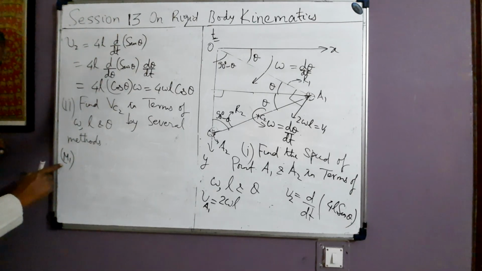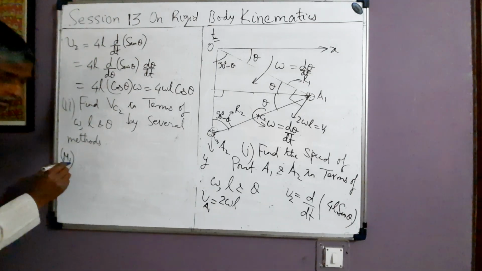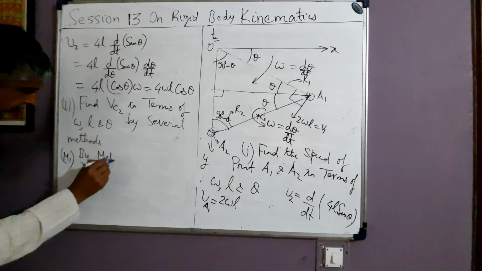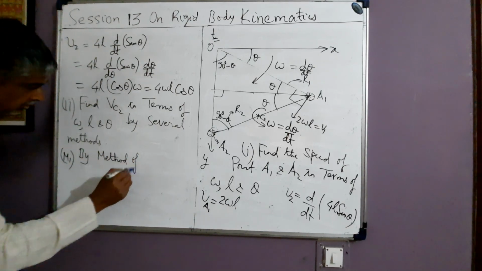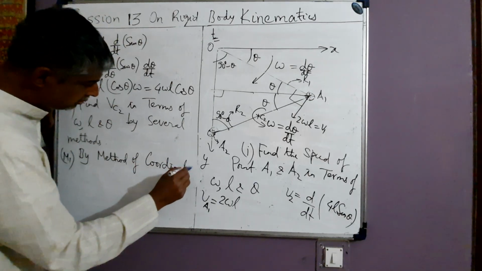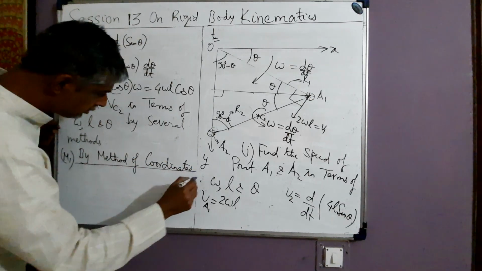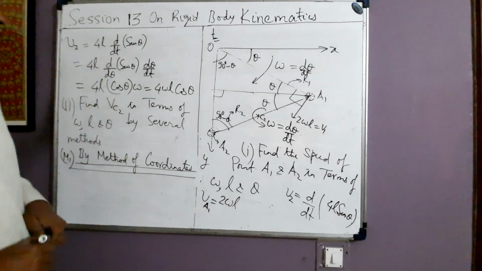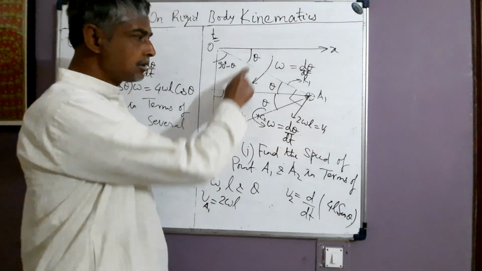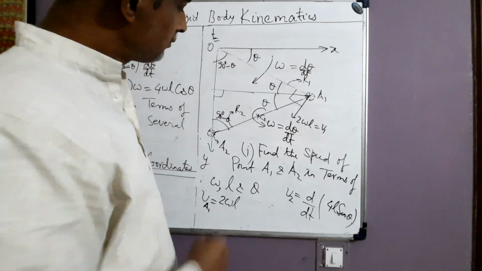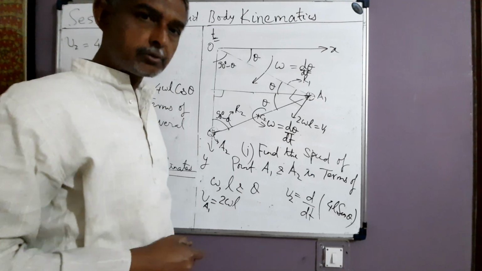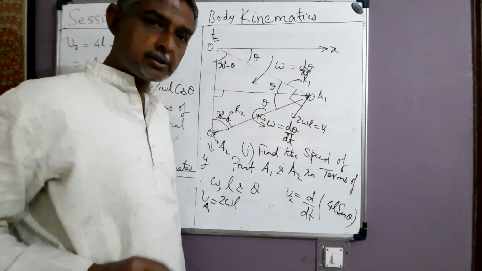By the method of coordinates, we'll write down the x and y coordinates of center C2 in terms of L and theta, and then find the x and y components of velocity of C2 by differentiating the respective coordinates with respect to time. And then take root of Vx square plus Vy square.